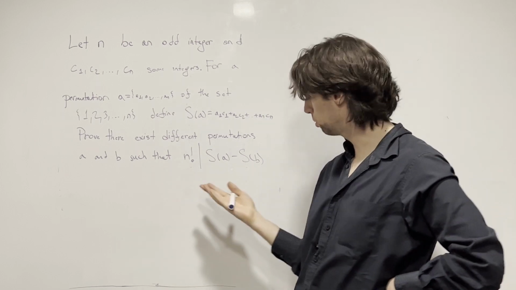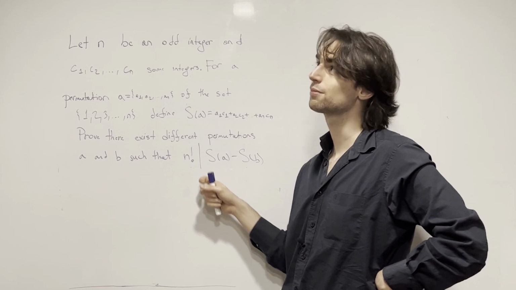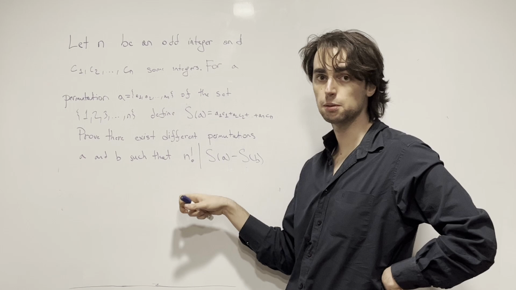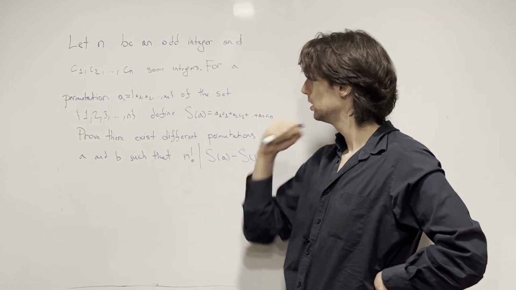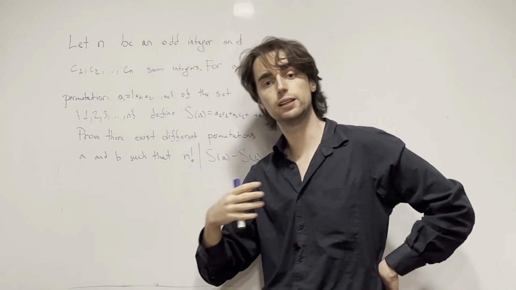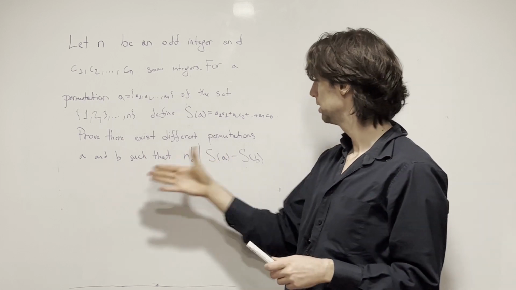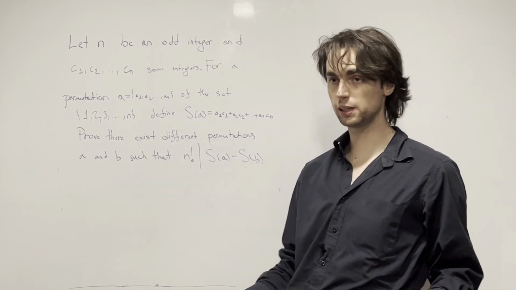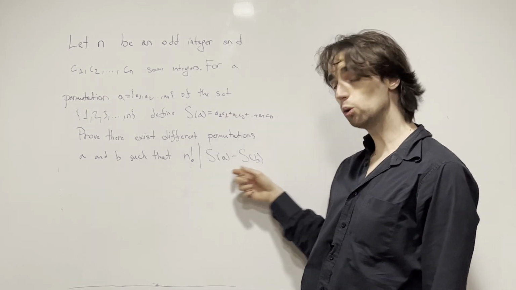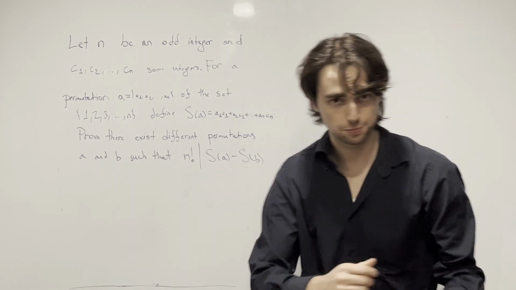Otherwise, by the pigeonhole principle, if there are no two which are the same modulo n factorial, that means the values are congruent to 0, 1, 2, 3, all the way till n factorial minus 1. Because we have n factorial different residues and n factorial different permutations, if no two are the same, it means every single one is represented once.